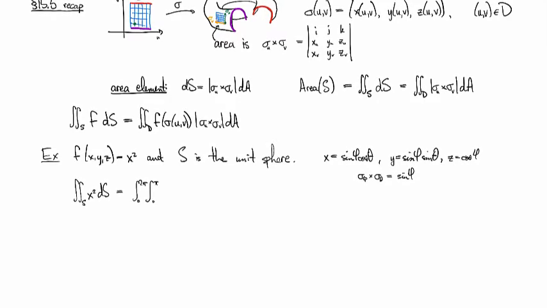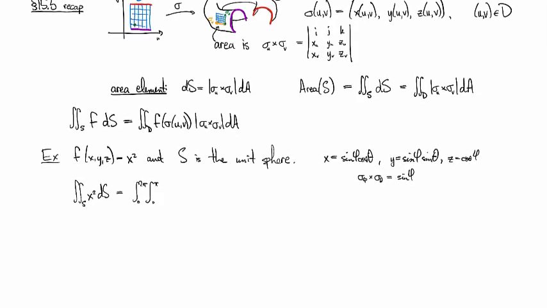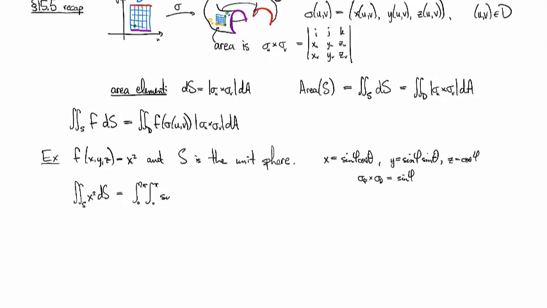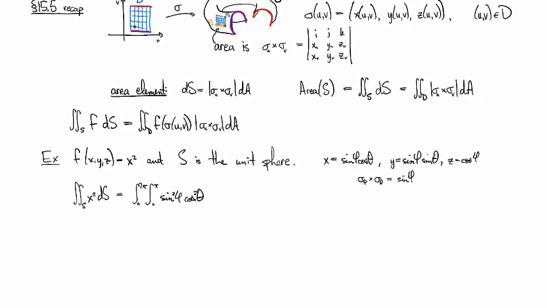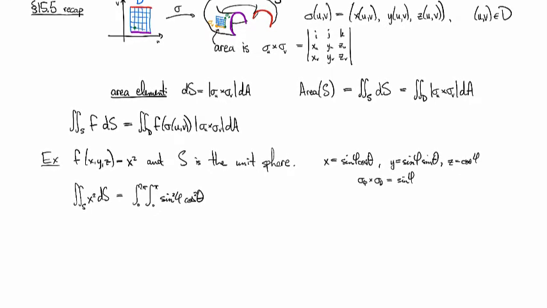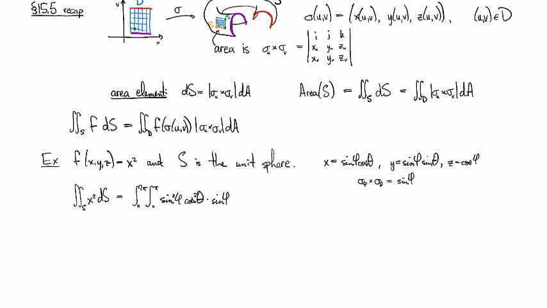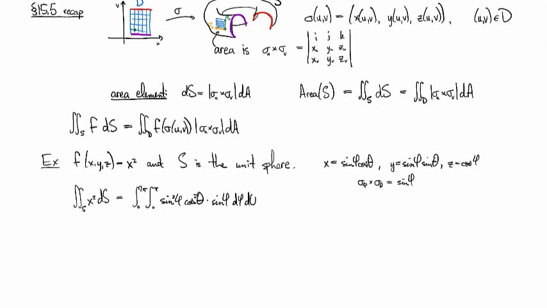And then we've got our integrand, so x is given by sine phi cosine theta, so when we square it we get sine squared phi cosine squared theta. And then we've got our Jacobian, which we just said was sine of phi, and then that's d phi d theta.